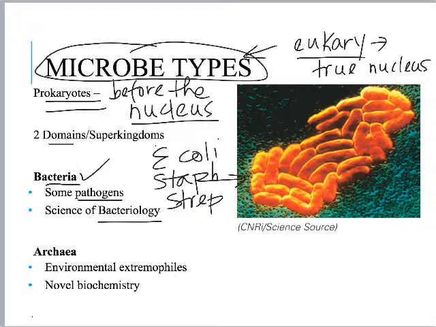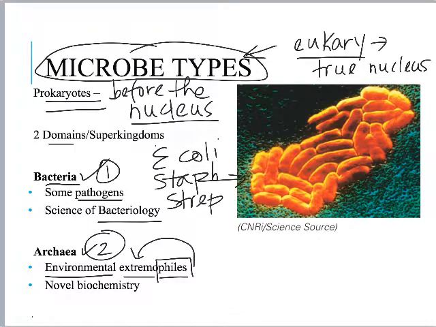Now the other group of prokaryotes, number 2, are the archaea. These are really different than the ones that are found in the human body. They're called environmental extremophiles, and if you look at this word, you know that phile means loving, so these things love extreme conditions.